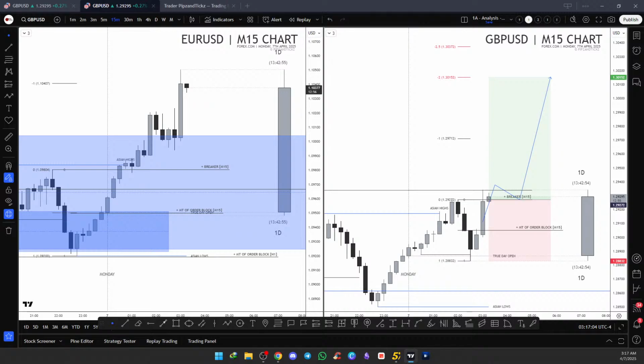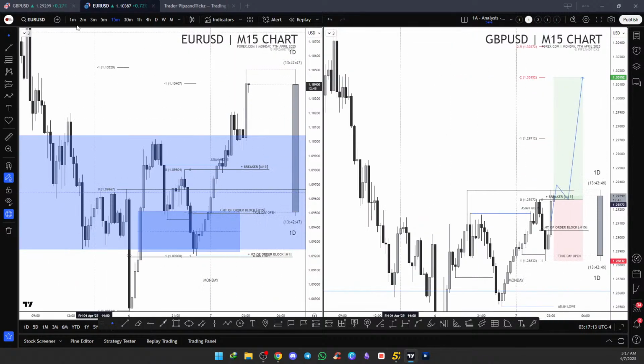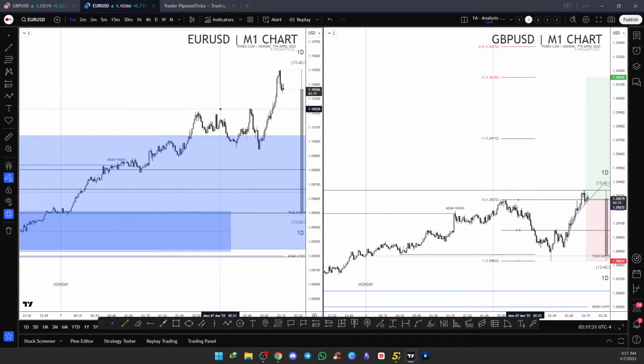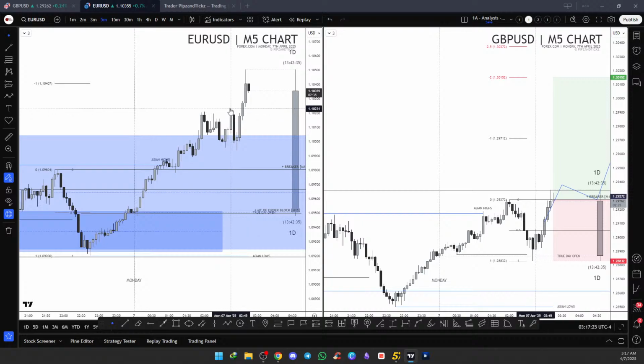Okay, Math is saying 1M. Does that mean 1 minute? Breaker on EURUSD plus EQ, equilibrium. I'm not following, Math. Are you referring to this breaker right here on the 1 minute? It's a breaker on 5 minute as well.